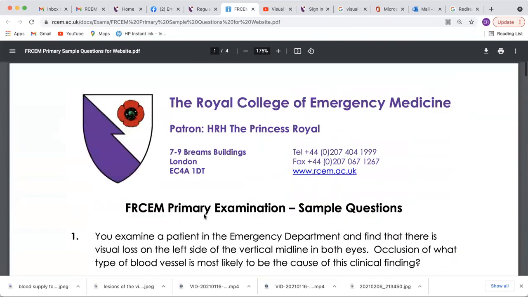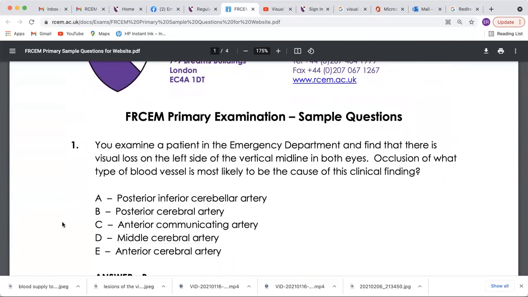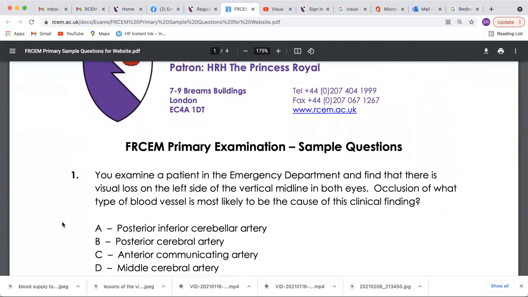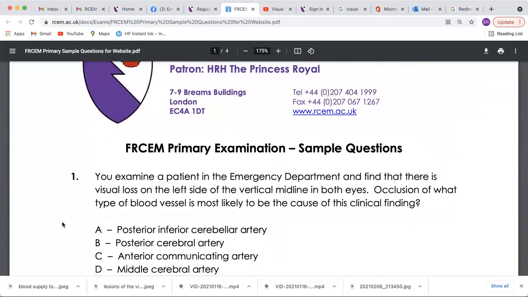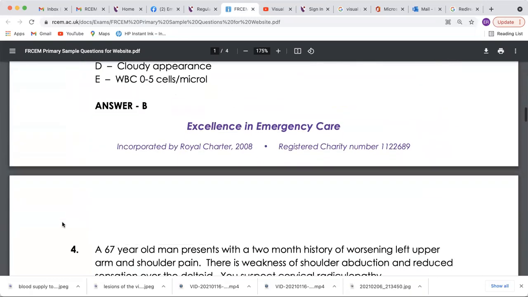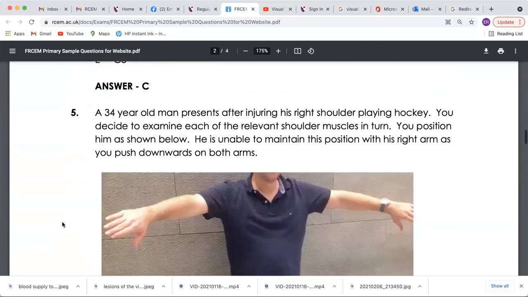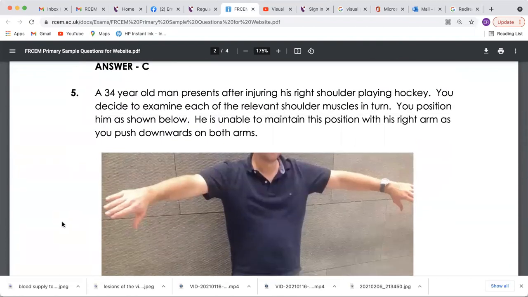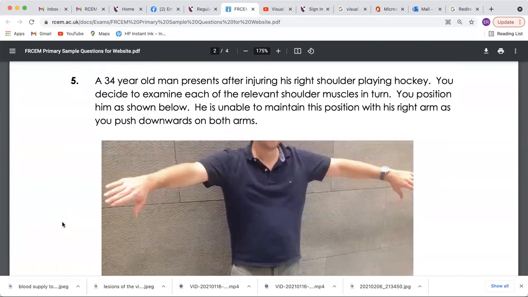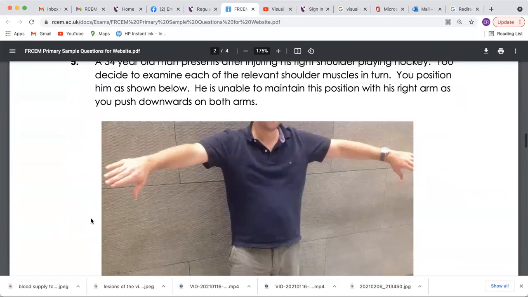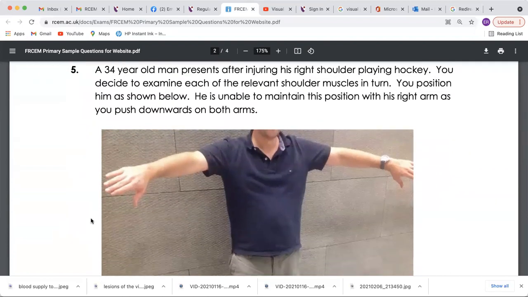All right. So I think these are all 8 questions in this sample scenario. I would again say these are straightforward, simple questions, but some are really tricky, like asking you the blood supply of the visual pathway, or asking for the special name of a special test on certain muscles, like Jobe's test or anti-Cannes test.